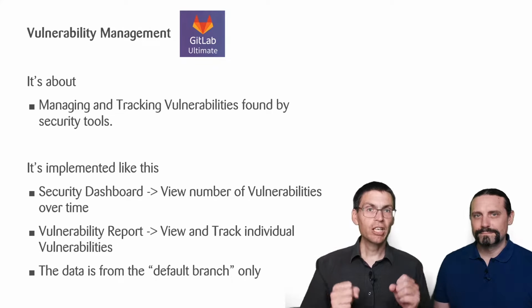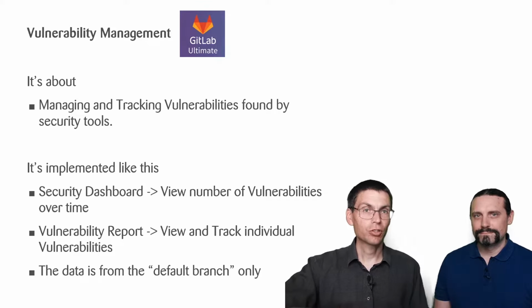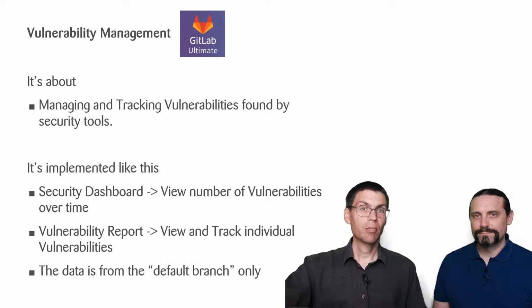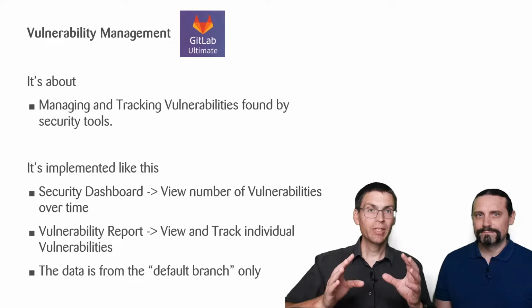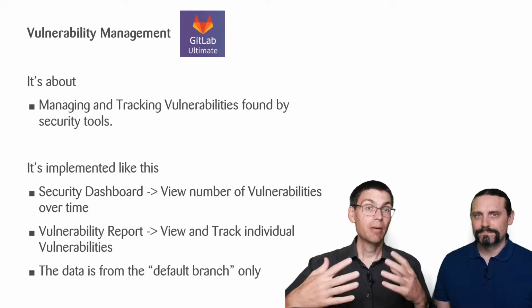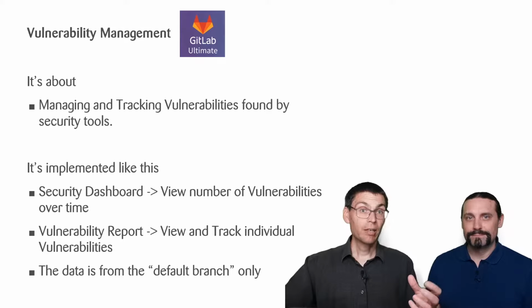If you didn't change that setting, it's set to be the master branch, which it is in our case too in this pipeline we built together. So this means in our case, all the vulnerabilities reported are just for the main or master branch in our project.